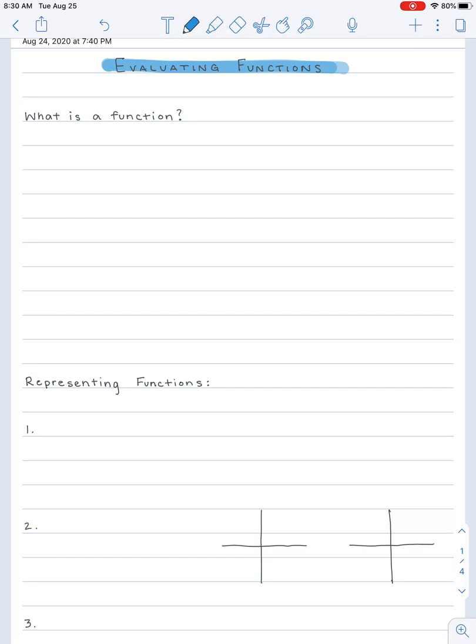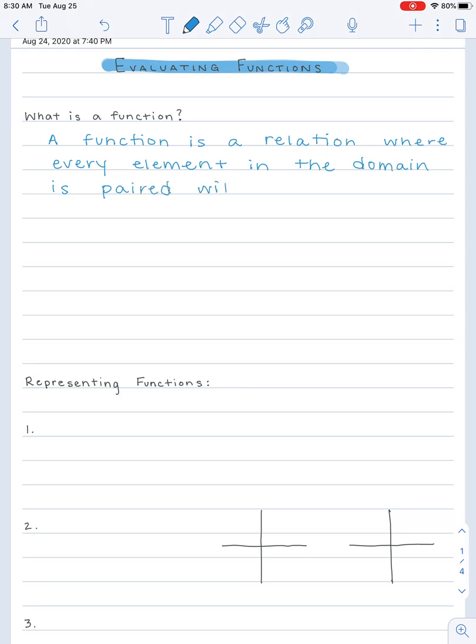So a function is a relation where every element in the domain is paired with, this is a really key important thing here, exactly one element in the range.